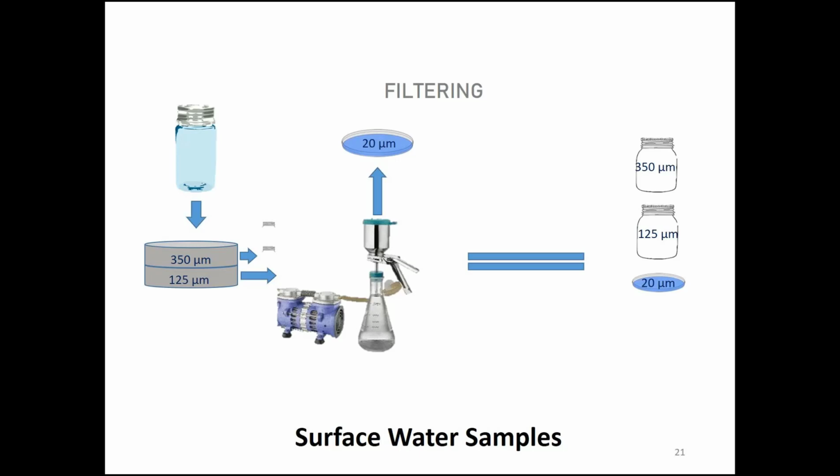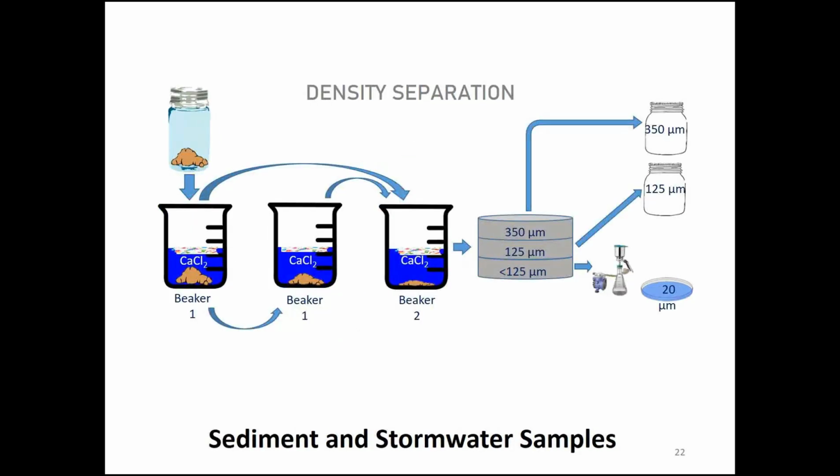For these samples, we decided not to do it because we didn't have a ton of plant material in our samples. There were only a few pesky samples where we felt like that might have been useful. So all we're doing is sieving or filtering and then separating the sample into different jars with different size fractions.